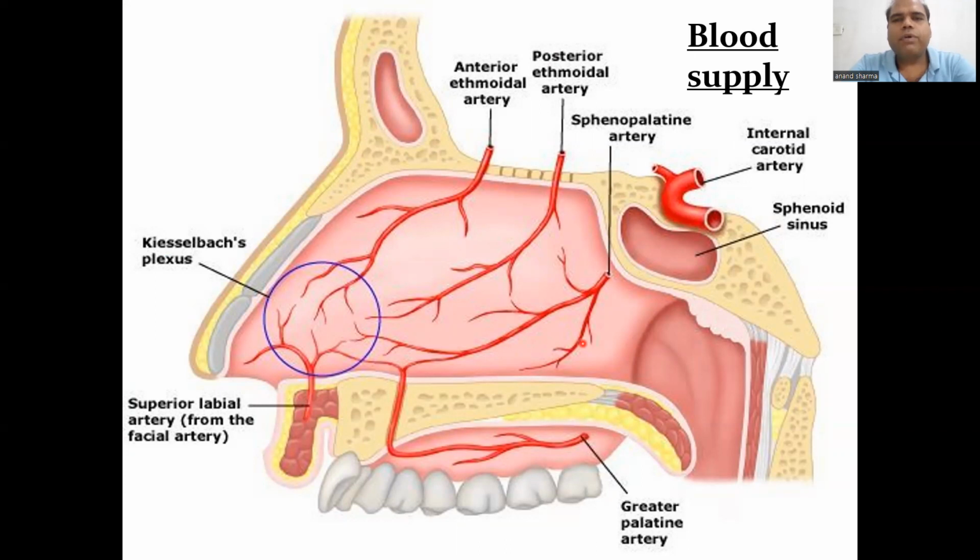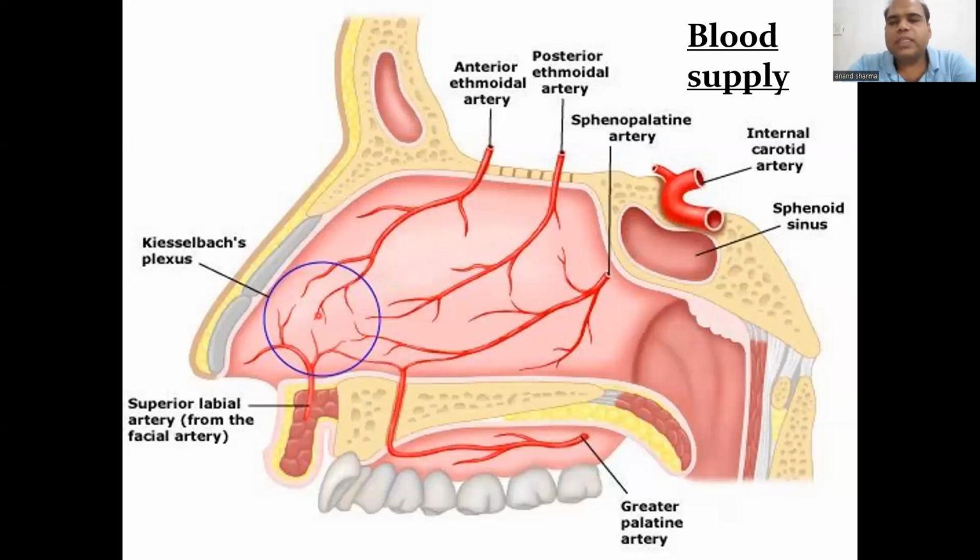There are five major arteries supplying the nasal septum: sphenopalatine artery, posterior ethmoid artery, anterior ethmoid artery, superior labial artery, a branch of facial artery, and greater palatine artery. Remember, out of these, the anterior ethmoid artery, superior labial artery, greater palatine artery, and sphenopalatine artery make a plexus in the anterior-inferior part of the septum.